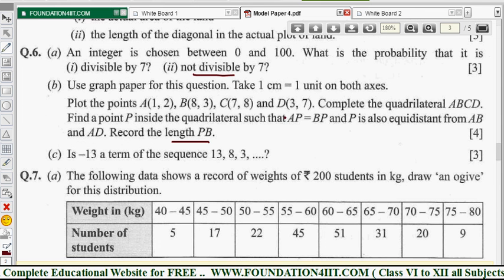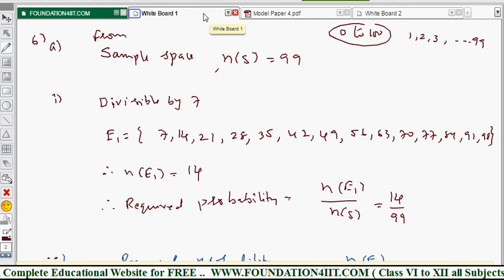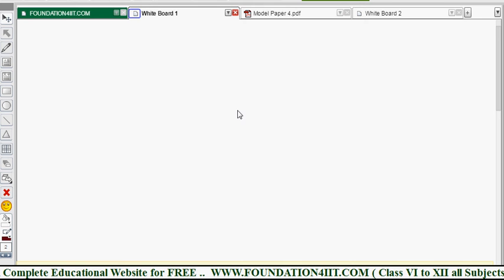Right, and the next one is a question from progressions. Is minus 13 a term of the sequence 13, 8, 3, and so on? The numbers are decreasing. You should check whether minus 13 is in that sequence or not. So we use the progressions formula.